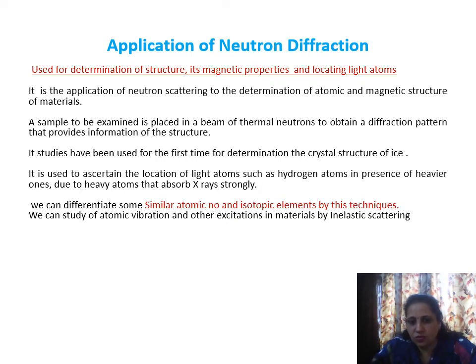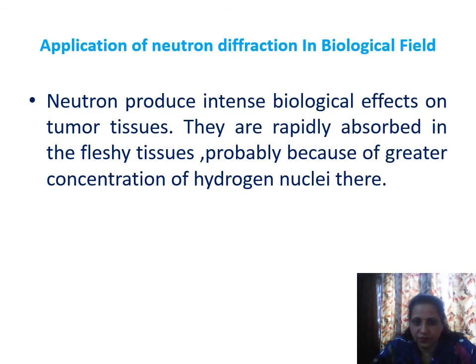It is used to ascertain the location of light atoms such as hydrogen atoms in the presence of heavier ones, due to heavy atoms that absorb X-rays strongly. We can differentiate some elements of similar atomic number and isotopes by this technique, and we can study atomic vibration and other excitations in materials by inelastic scattering.